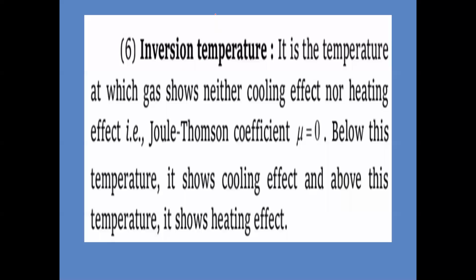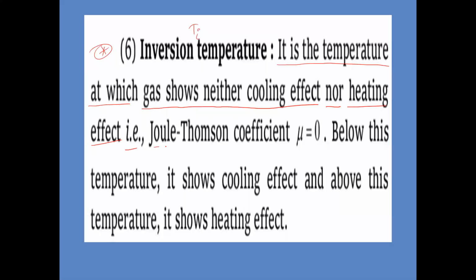Next one. Inversion temperature. It is also an important concept. Inversion temperature is given by Ti. It is the temperature at which a gas shows neither cooling effect nor heating effect.